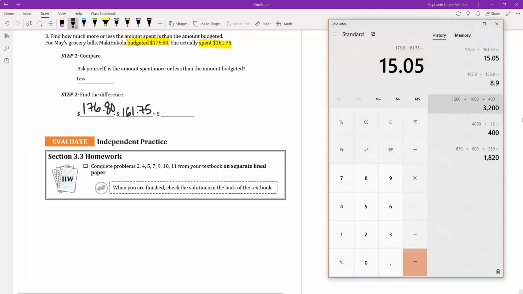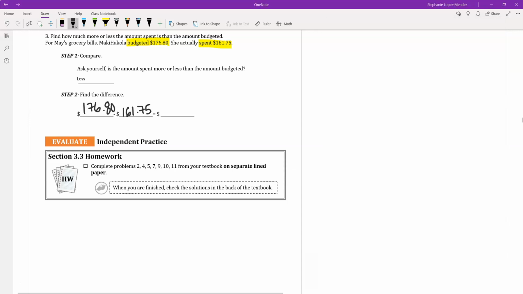I do this on my calculator and I have 176.80 minus 161.75. Yes, that gives me a total of $15.05.